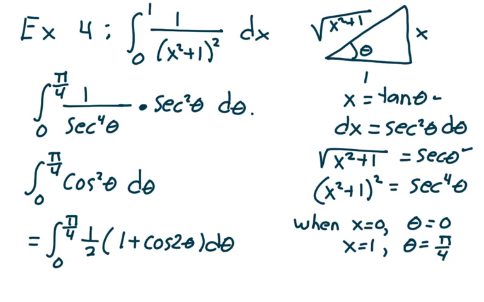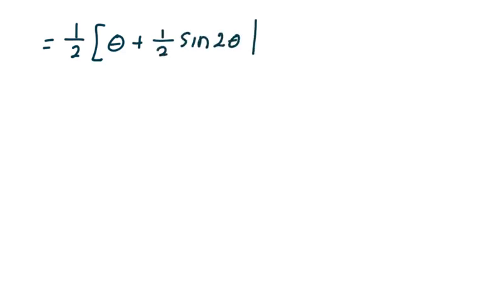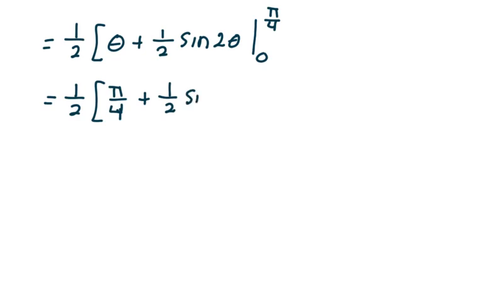So just step by step. And so this is equal to 1/2 of theta plus 1/2 sine 2 theta evaluated from 0 up to pi over 4. If I pop the pi over 4 in, I get 1/2 of pi over 4 plus 1/2 sine.